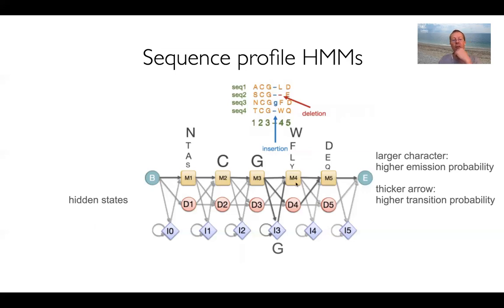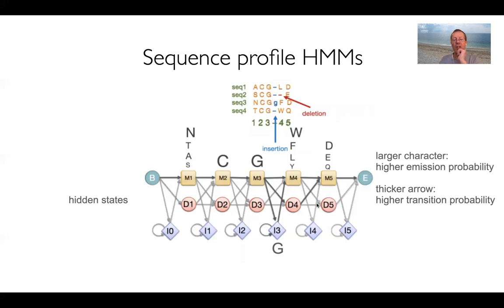Here, on this level, you have what's called match states. Each of those represents one column in the sequence alignment. So match state 1 would represent column 1, match state 2 would represent column 2, and so on up to column 5, okay?